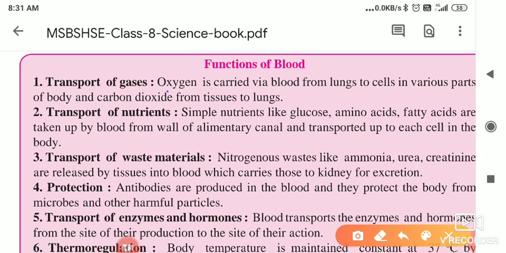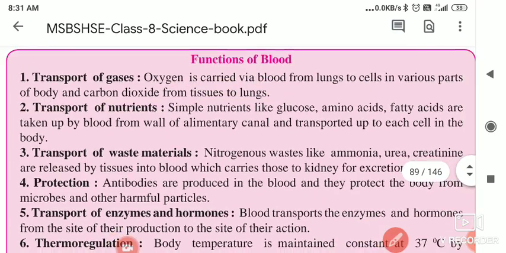This oxygen is carried via blood from the lungs to the cells and various parts of the body, and carbon dioxide, which is the waste product produced in the process of oxidation of food, is brought back towards the lungs to be thrown outside the body.